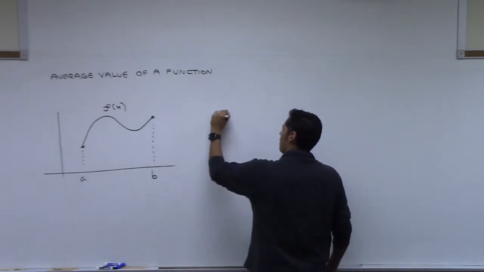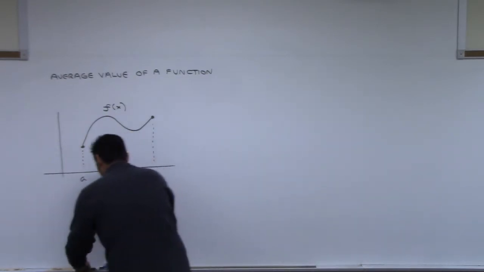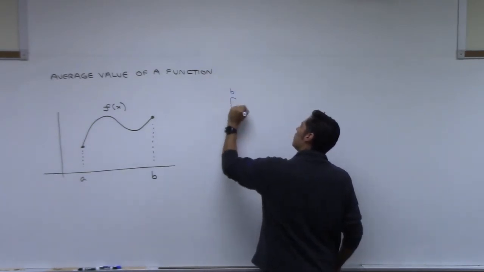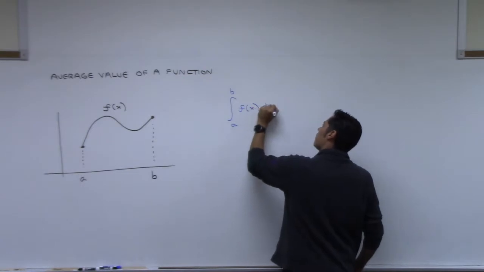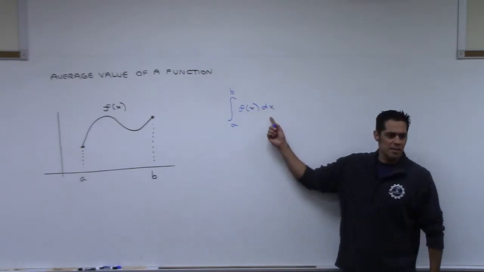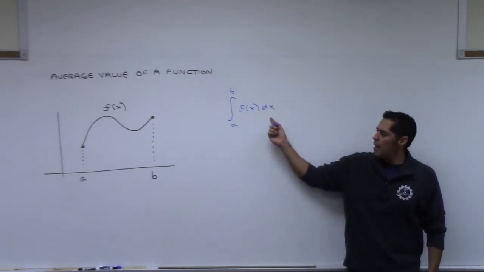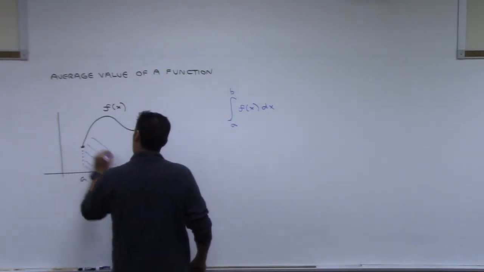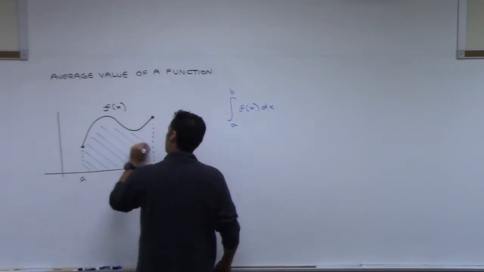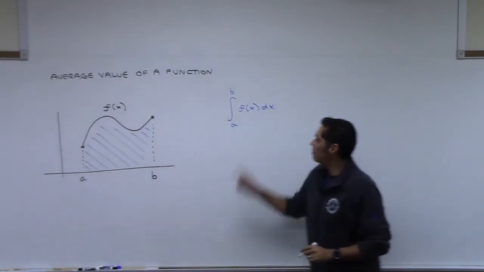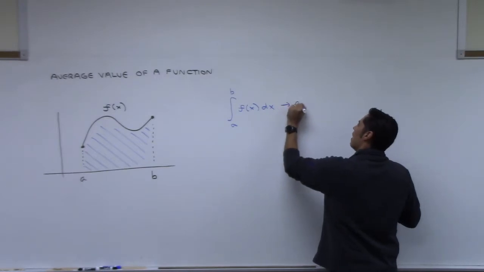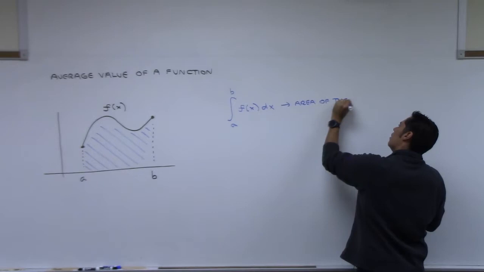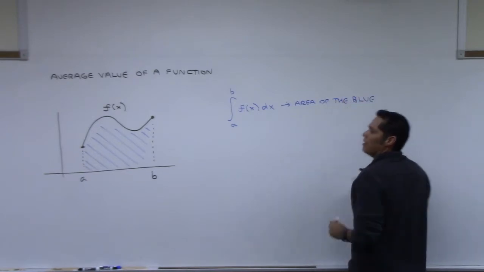Then I'll do this in a different color. That right there is the definite integral, right? And that will calculate that area. So this is going to give us the area of the blue that you see there, right?